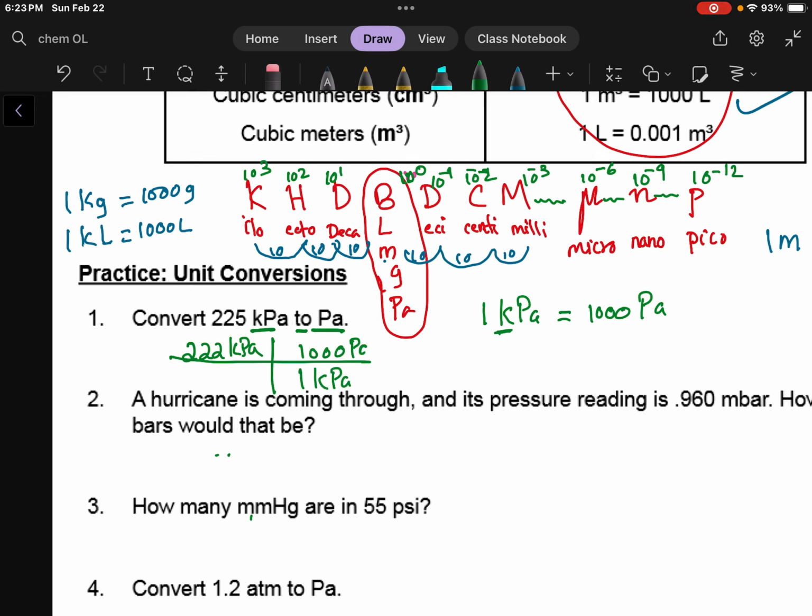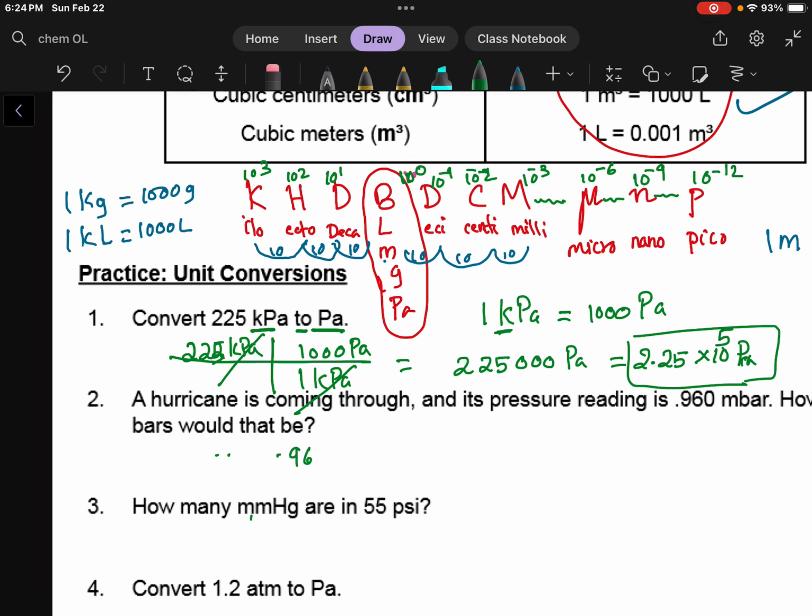The kPa and kPa you can cross out. So you will get 225000 Pa, or you can write that in scientific notation, 2.25 times 10 to the power of positive 5 Pascal.